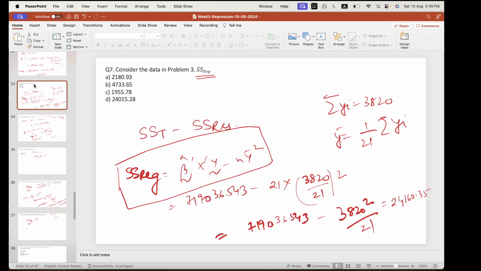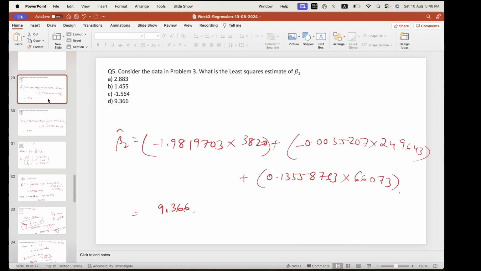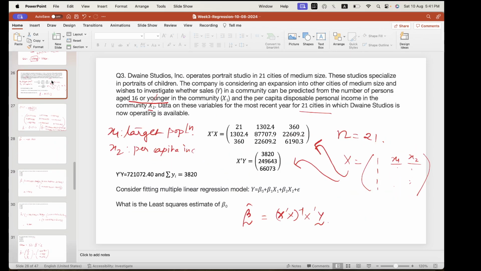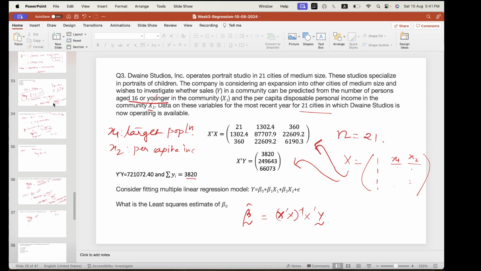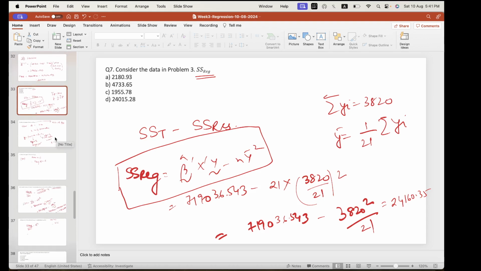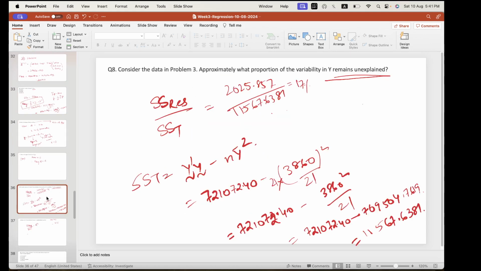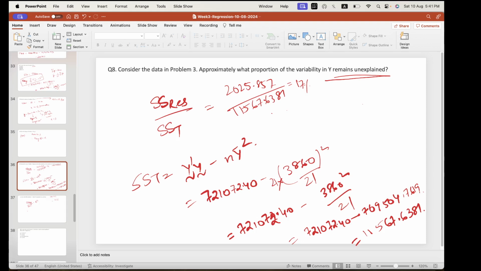Okay, this is not 3860, this is 3820. Oh, some mess up. Okay, this is 3820. So this would be 3820 square.